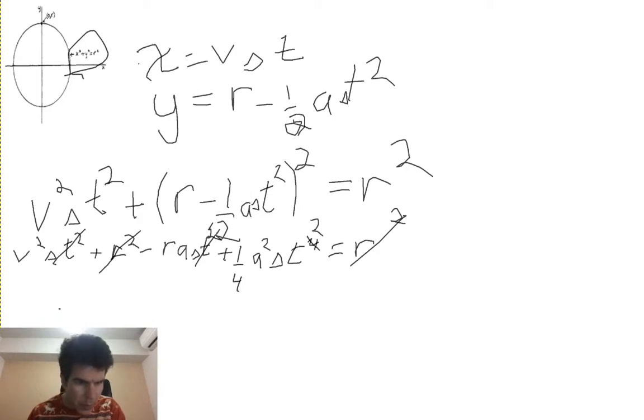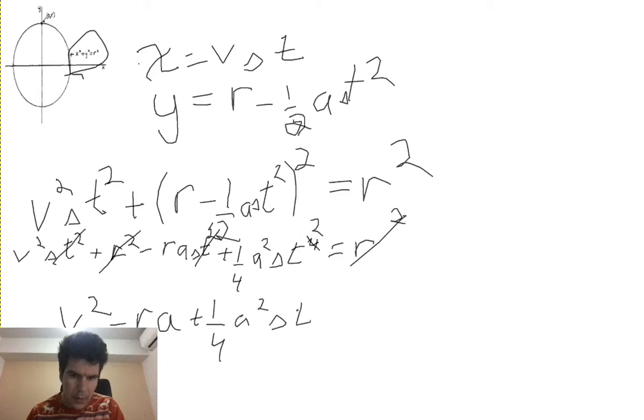So what do we end up with? v squared minus r a plus 1/4 a squared delta t squared equals 0.